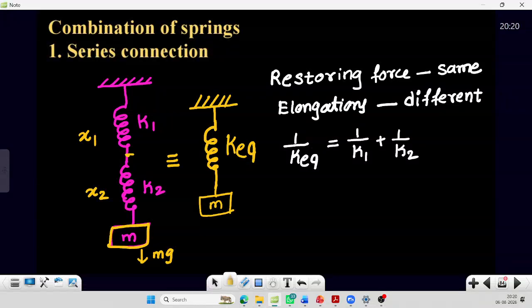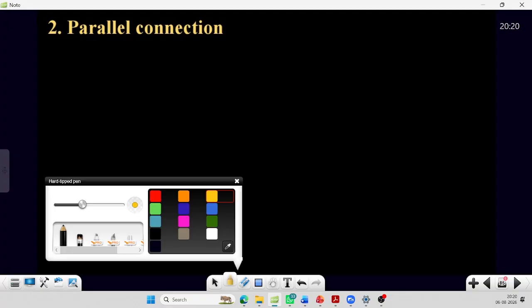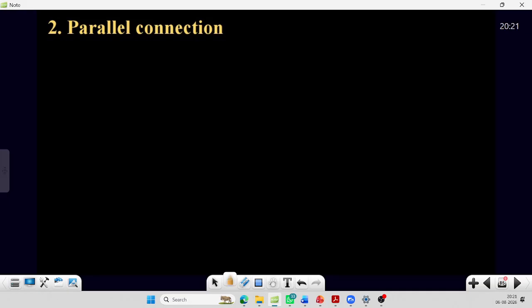Next, let's see the parallel connection. Parallel connection means the starting point and ending point for the two springs are the same.